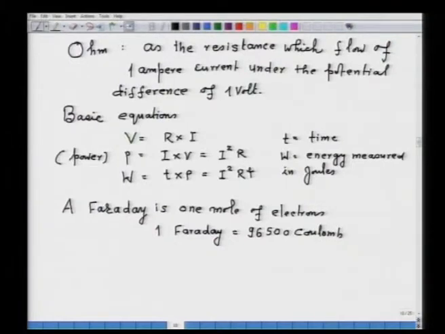Now, also it should be known that 1 Faraday on passing in an electrolyte will discharge 1 gram equivalent of ions.